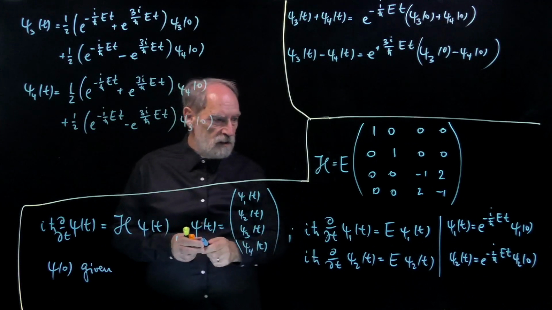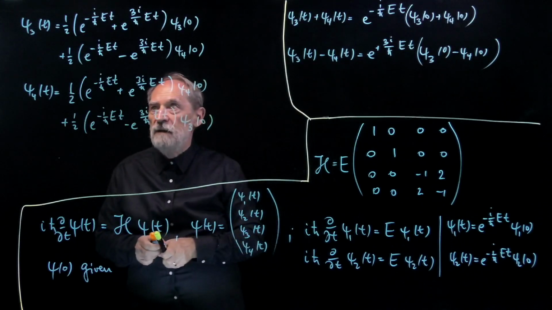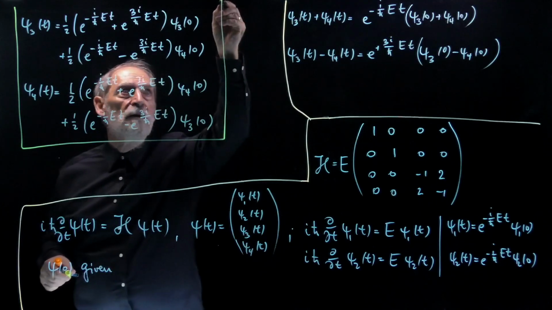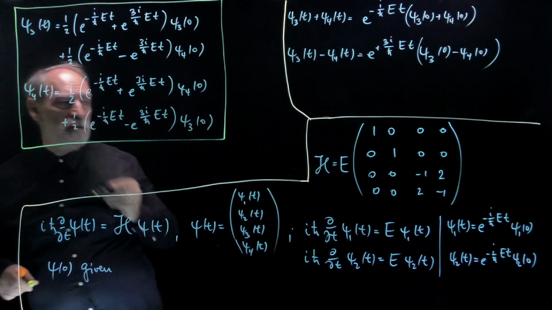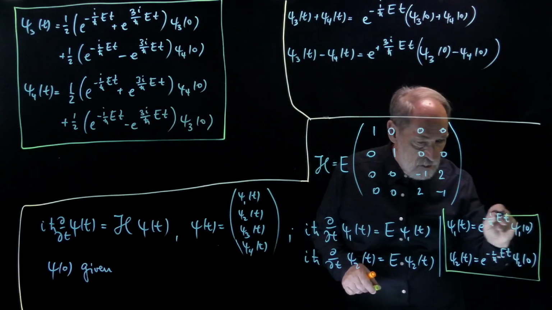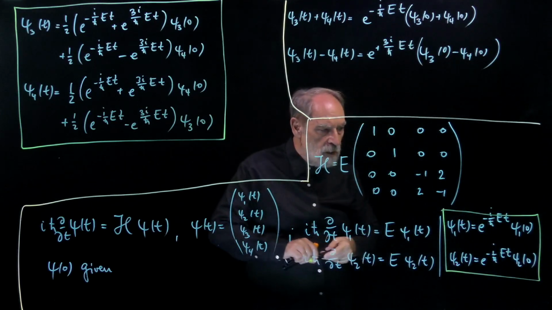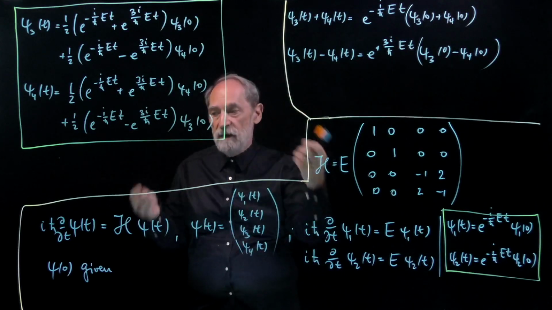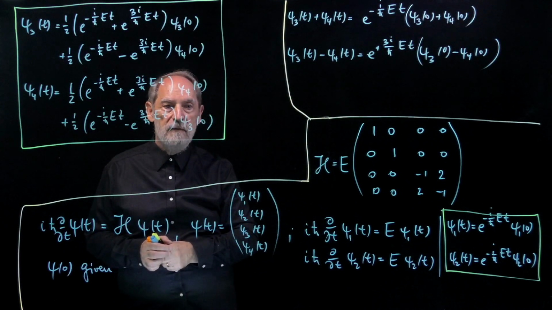And now let's just take these four statements about four components of psi at times t in terms of these components at time 0 and combine them into one statement.